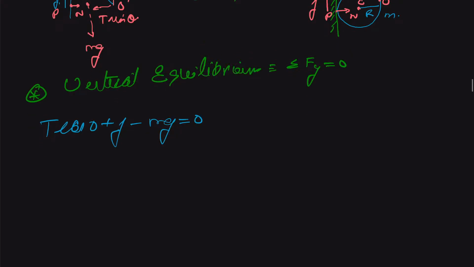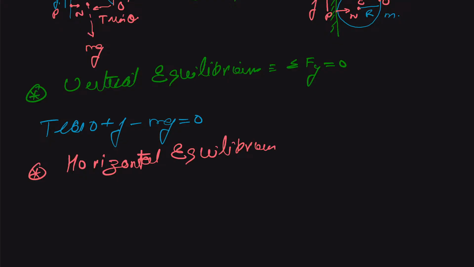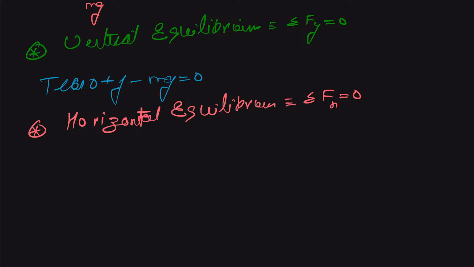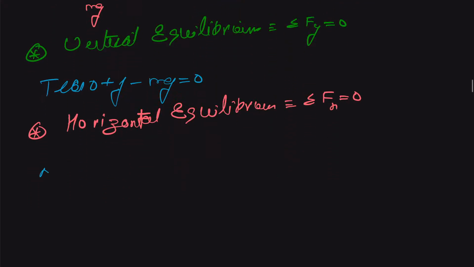This is the vertical part. Now horizontal equilibrium: summation of forces in x should be equal to 0, so we have the normal, n minus T sine theta equals 0, or n is equal to T sine theta.